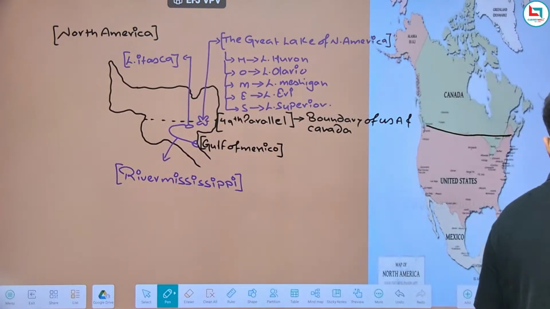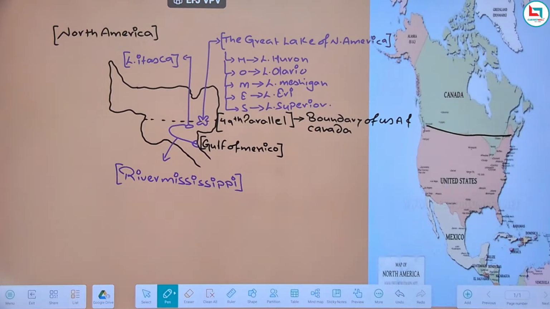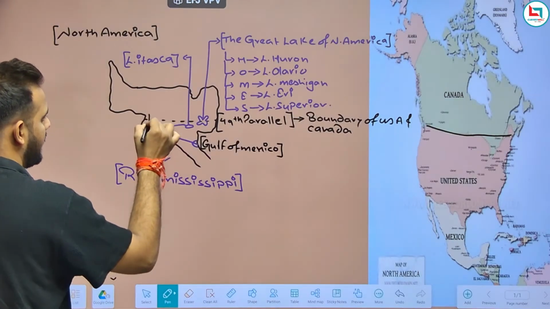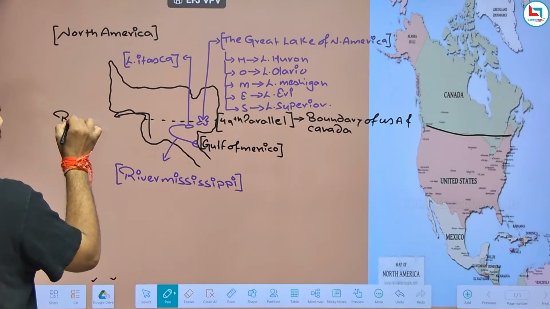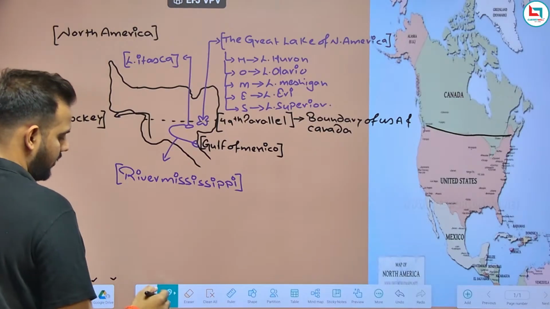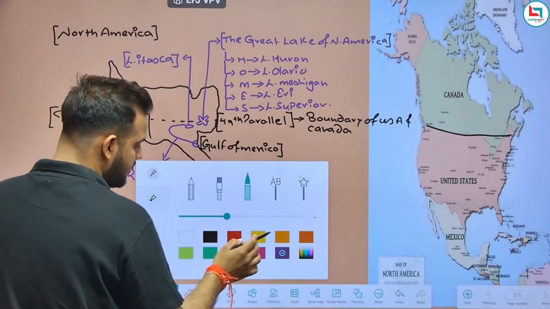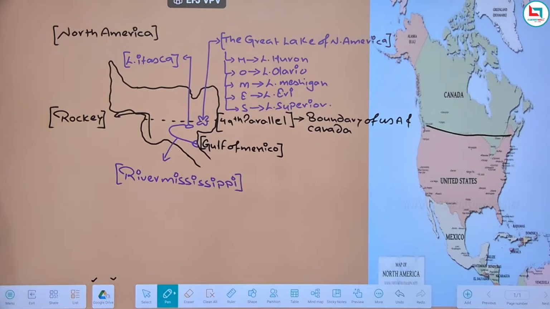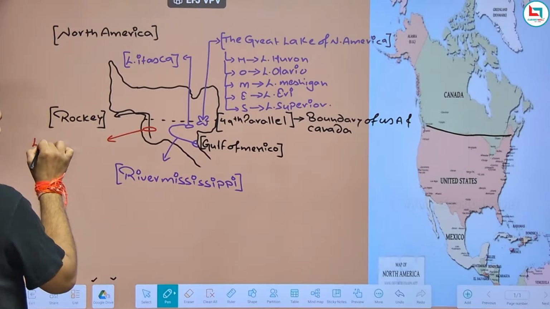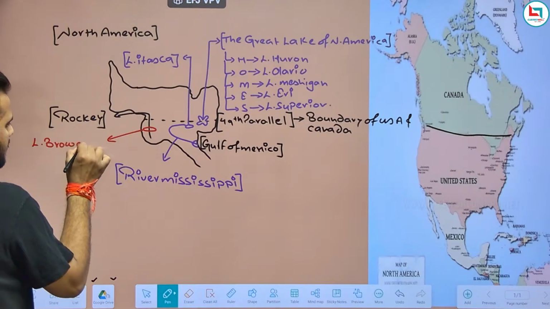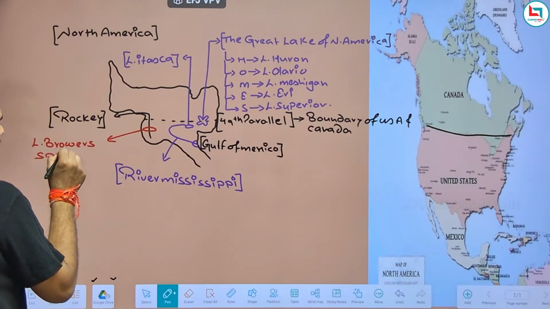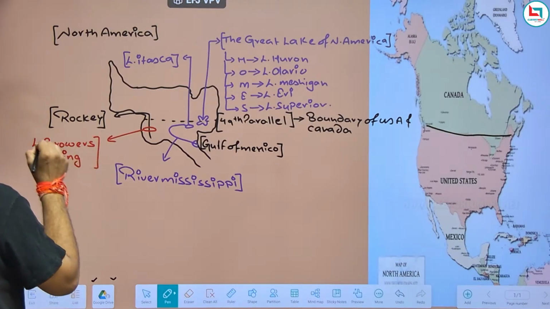I hope these things are making sense to you. Now, guys, when you look towards the Rocky Mountains, here we have the presence of the Rockies. In the Rockies you will see the presence of Lake Brower's Spring.